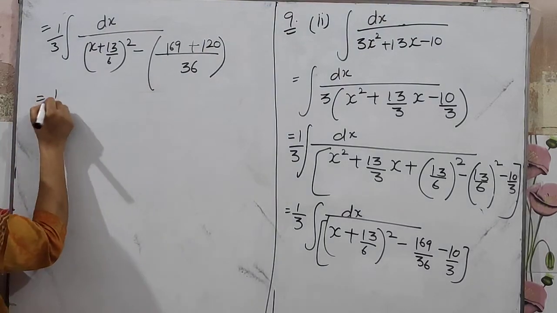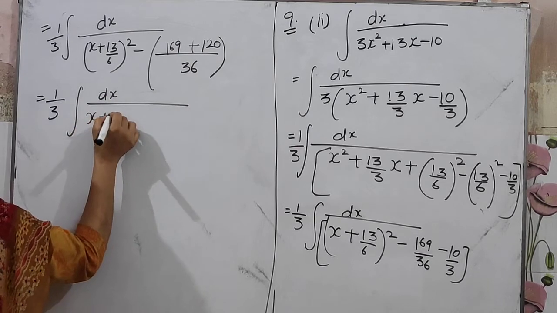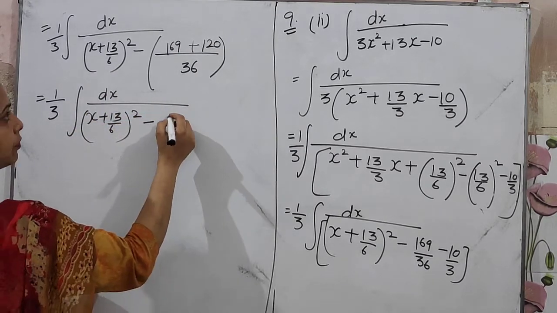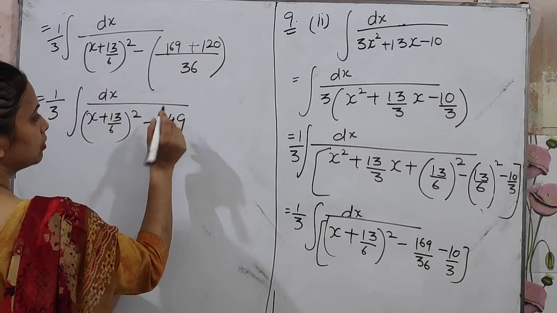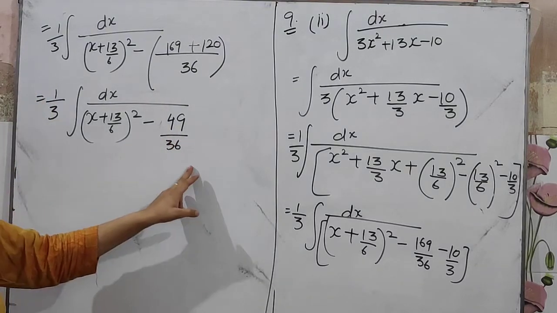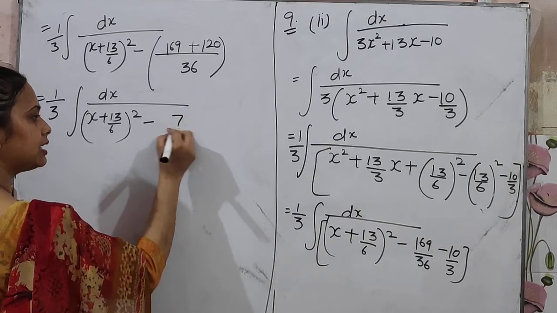So 1 by 3 dx upon x plus 13 by 6 whole square minus 49 upon 36. This 49 upon 36 can be written as 7 by 6 whole square.